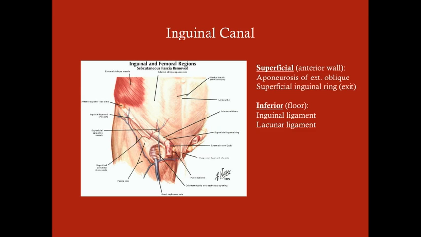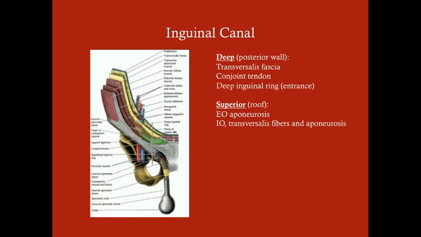Now, before I go on, I want to add that you have three muscles in this area that overlap each other: external abdominal oblique, internal abdominal oblique, and then transversus abdominis. And their fibers go in alternating directions. All right, and the reason I wanted to tell you that is because as you get deeper, you're going to have more fibers involved.